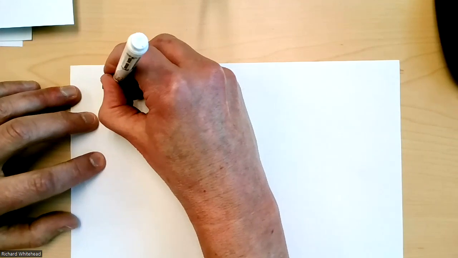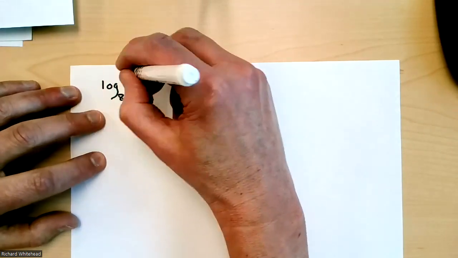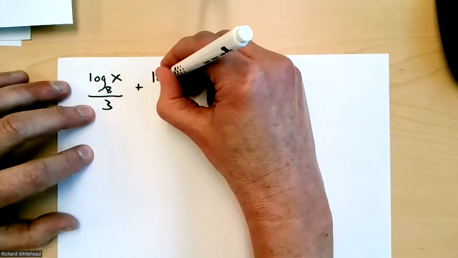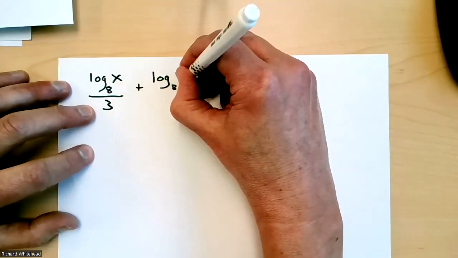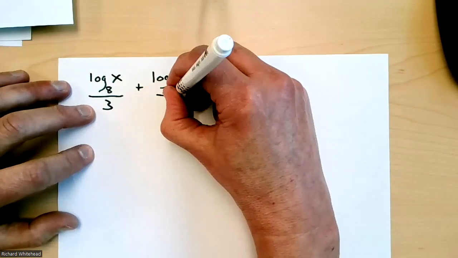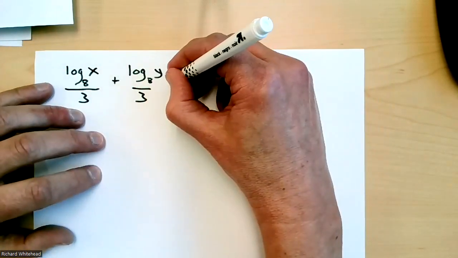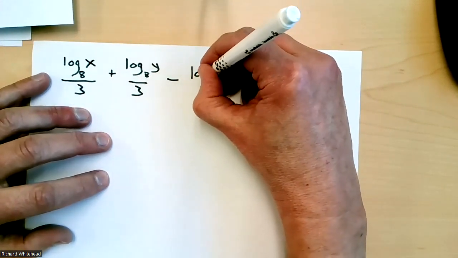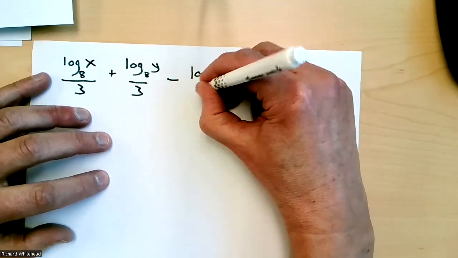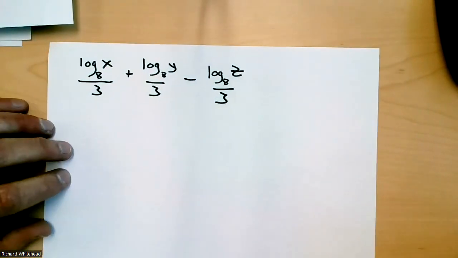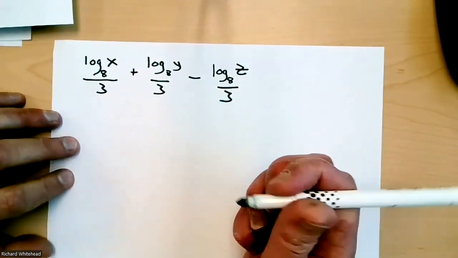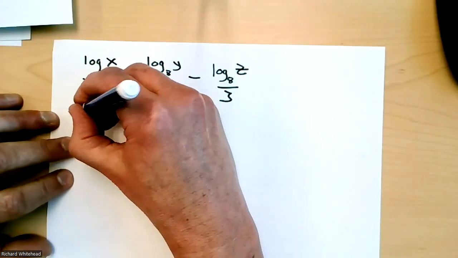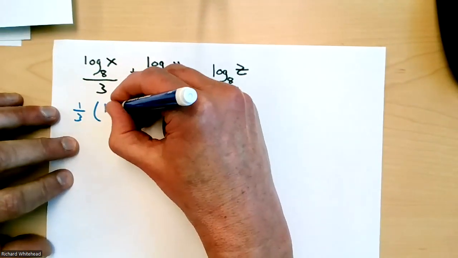If I had something like log base 8 of x over 3 plus log base 8 of y over 3 minus log base 8 of z over 3, the first thing I can do is factor out the 1/3 and bring that 1/3 out front.